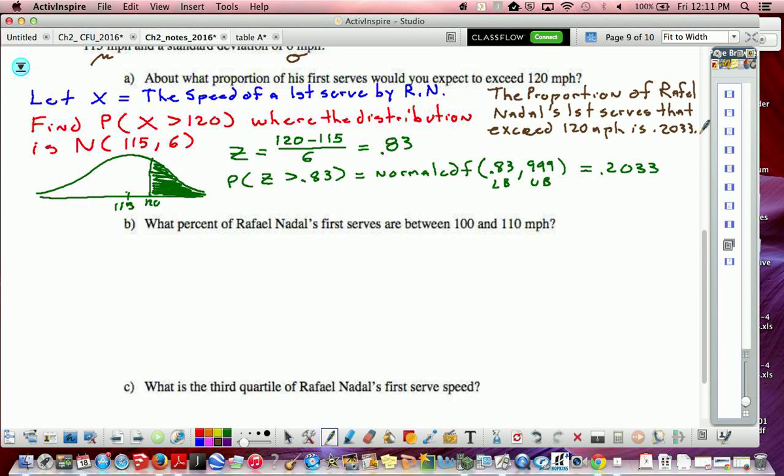So 20% of the time he's serving his first serve faster than 120 miles an hour.